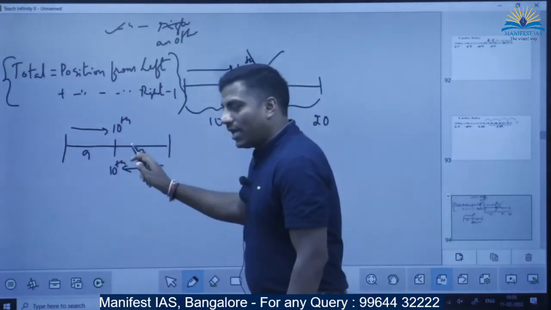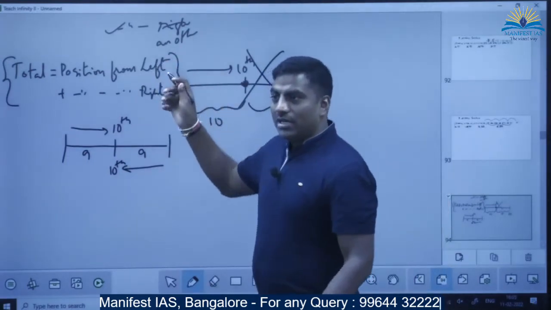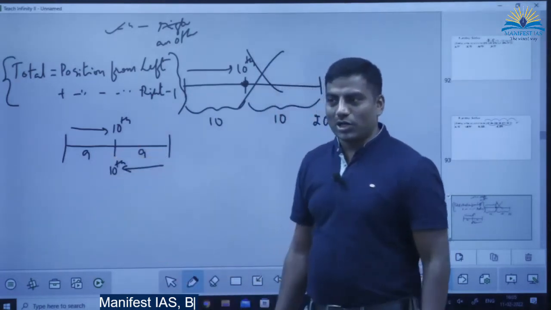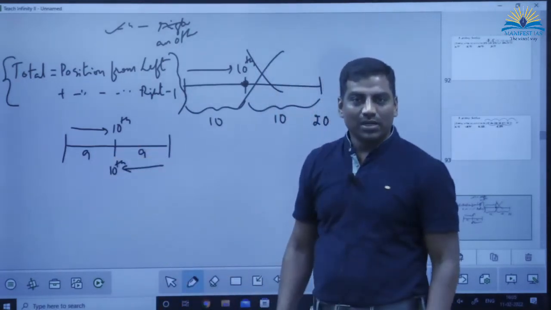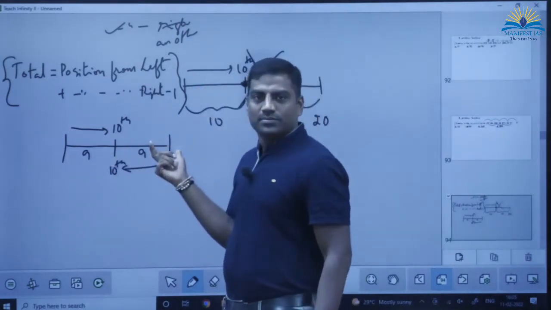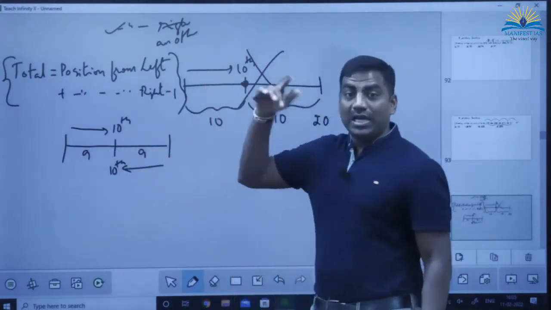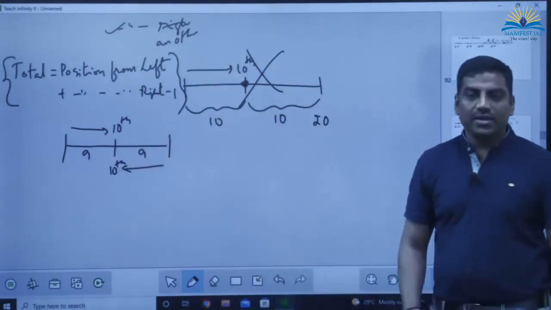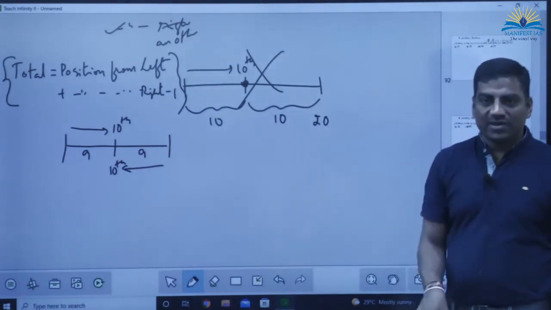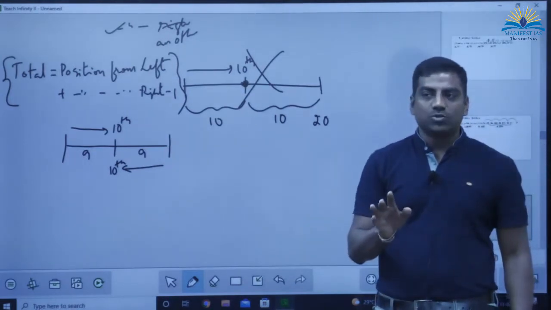So 9 plus 9 and this person. Earlier we counted that person double; here we are not counting that person at all. That is why we are adding 1. Here inclusive, here exclusive. Earlier we included him twice, that is why we took minus 1. In whatever way you get the answer, your imagination has to be proper.